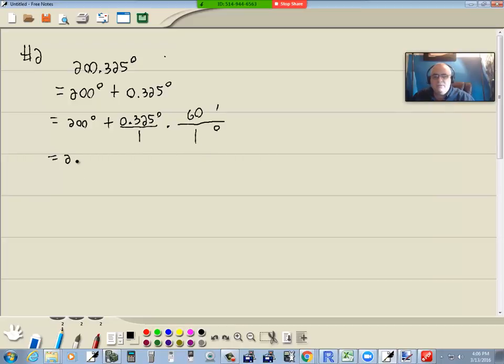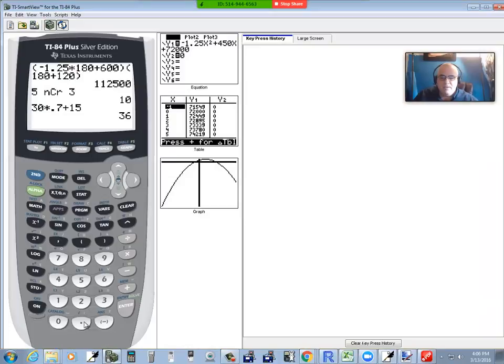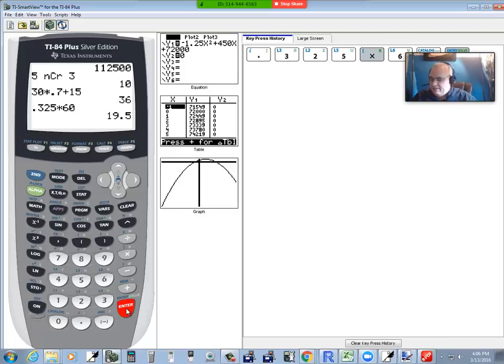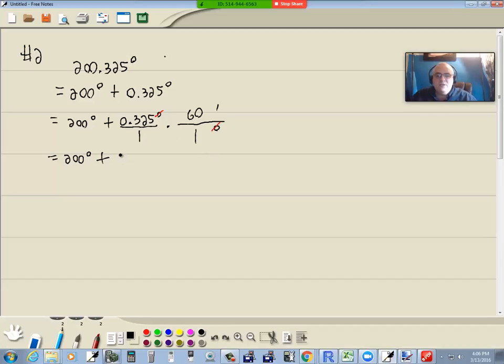So this would become 200 degrees plus, now these degree marks would cancel, and then we'd have 0.325 times 60. That would give us 19.5, so this becomes 19.5 minutes.